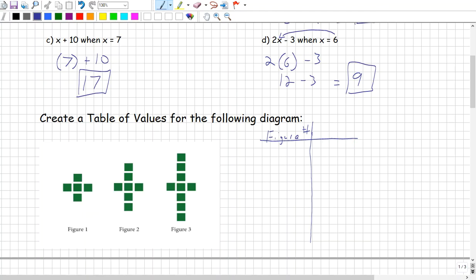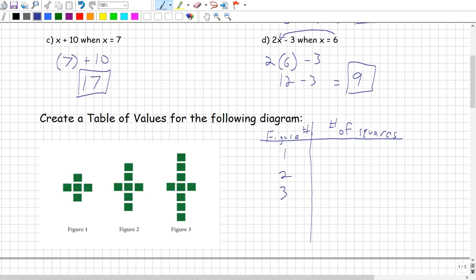And the next column will be the number of squares. Sorry, my pen isn't working quite right. So the figure number is just going to be 1, 2, and 3 in this case. I only have 3 figures.